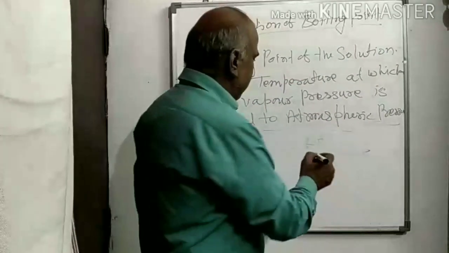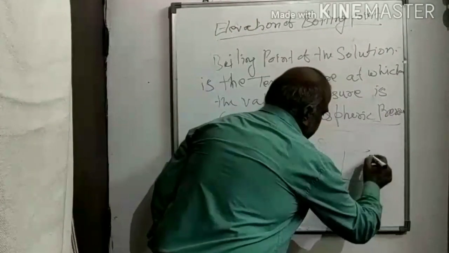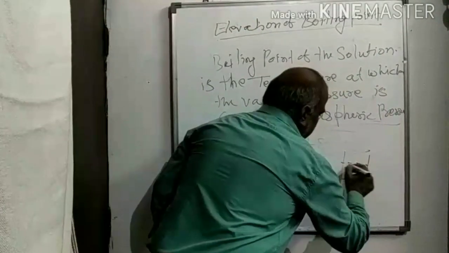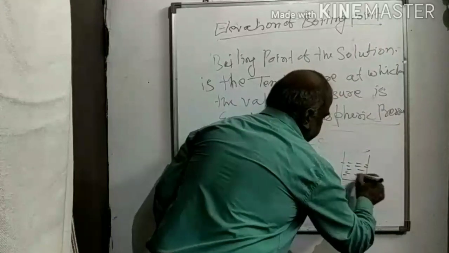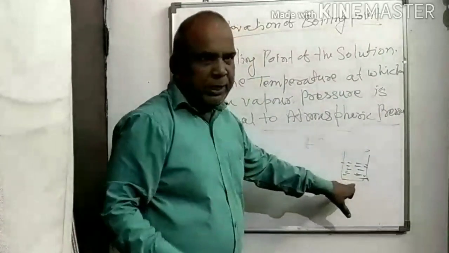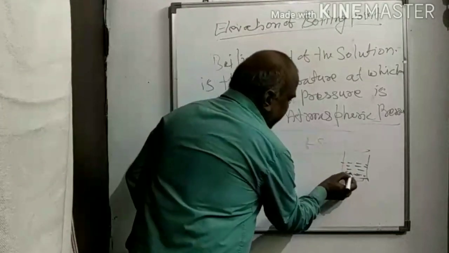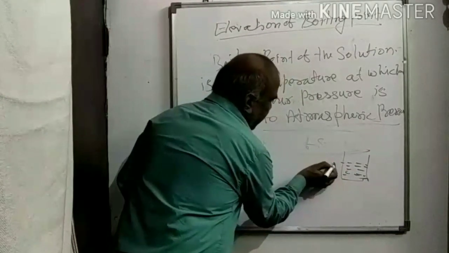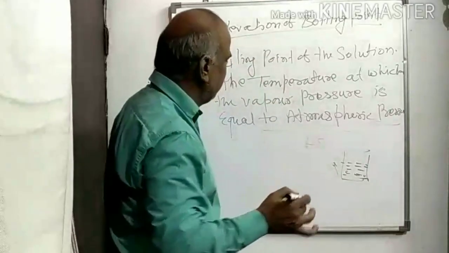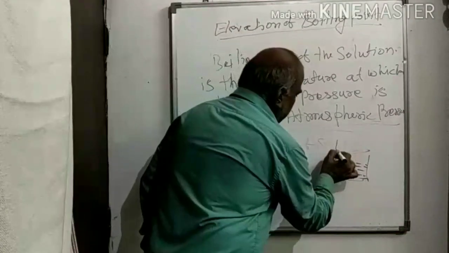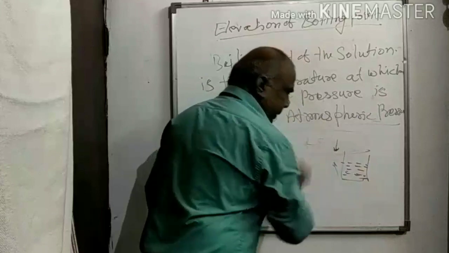Let us suppose there is a container in which a solution is kept and we begin to heat it. What happens? The pressure arises in the upward direction, while the atmospheric pressure is towards the downward direction.